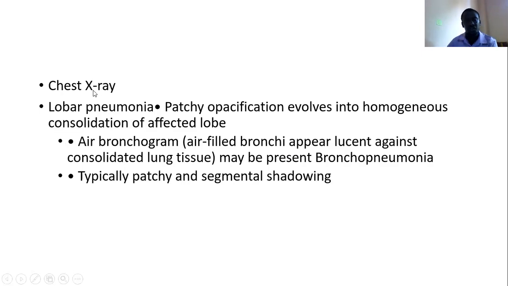Chest X-ray: lobar pneumonia may reveal patchy opacification that evolves into homogeneous consolidation of the affected lobe. Then you may get patchy segmental shadowing, and this basically happens in bronchopneumonia. In bronchopneumonia you're going to get typically patchy and segmental shadowing, but in lobar pneumonia you're going to get patchy opacification.